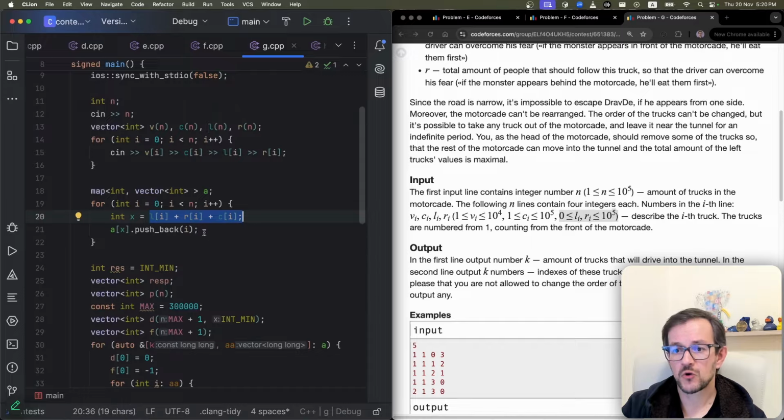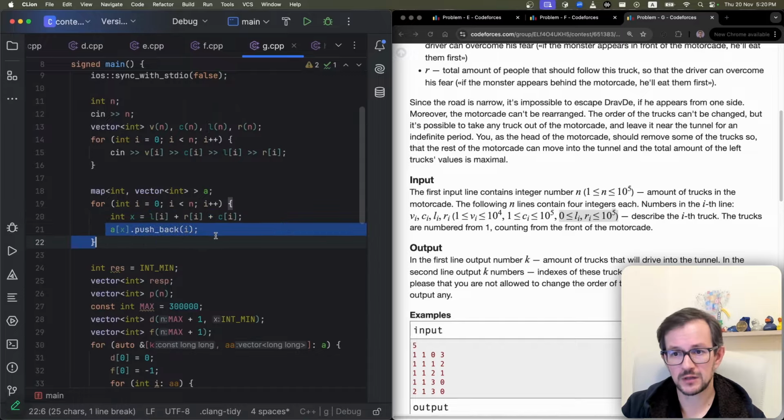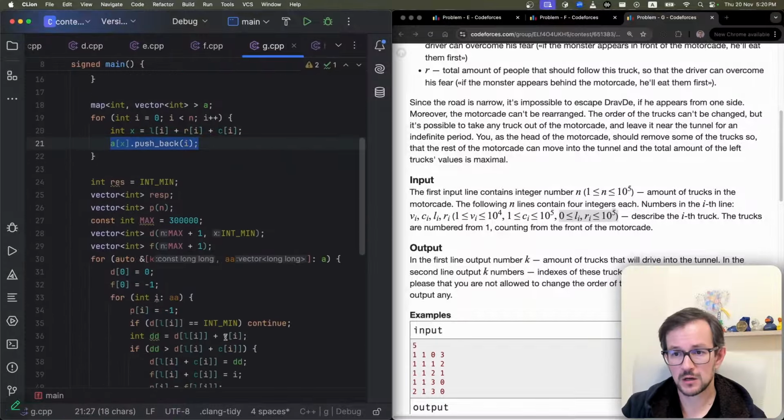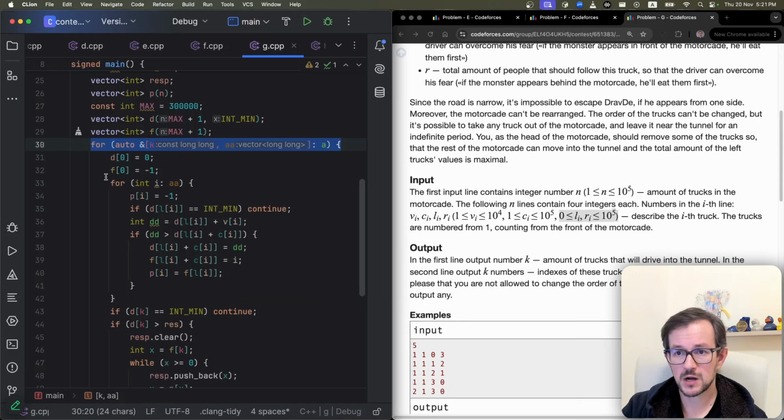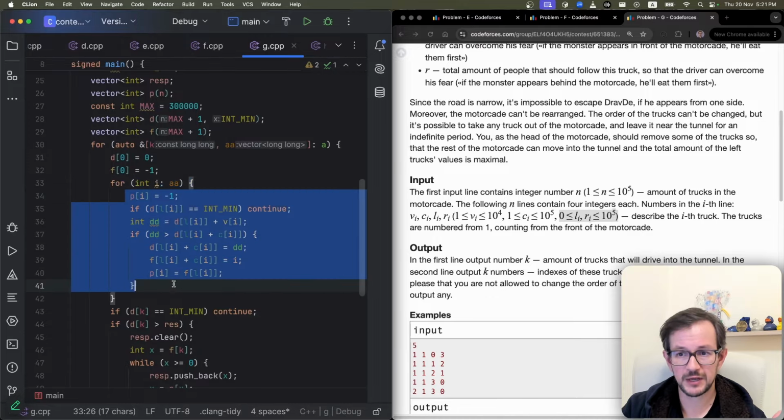Now for each sum, I will maintain a list of buses with the same sum. Here, I will iterate over these classes. So k is the total number of people in this class, and AA is just a vector of all buses. Here I will iterate over all the buses in this class and update my dynamic programming.